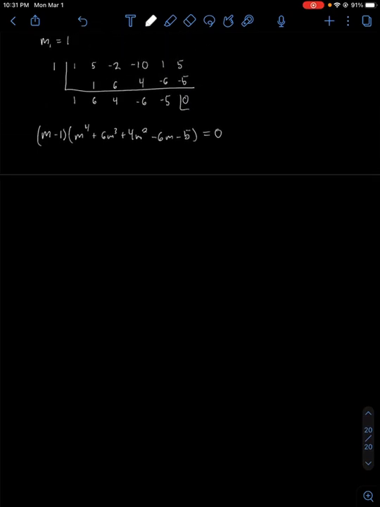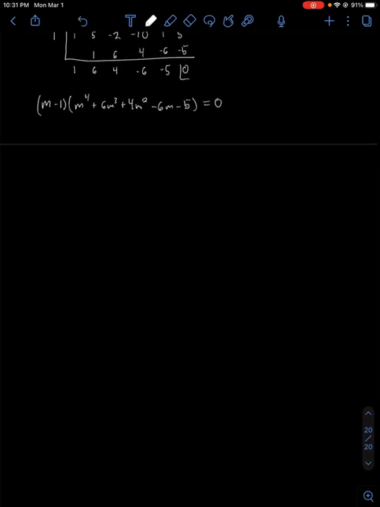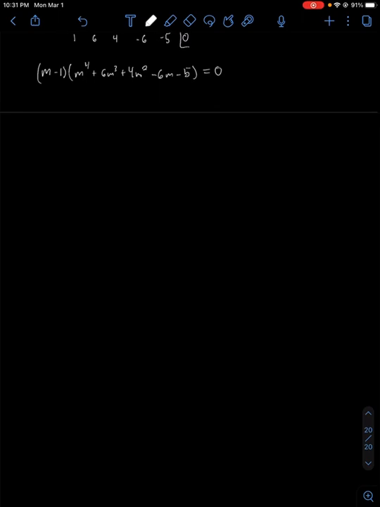So we can again synthetically divide this, I believe, and then we'll find out what the remainder is. So 1, and then we'll do 1, 6, 4, -6, -5.